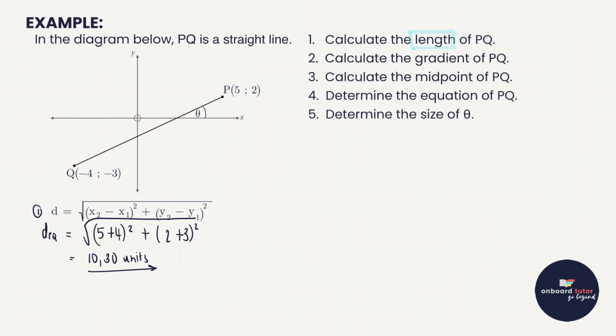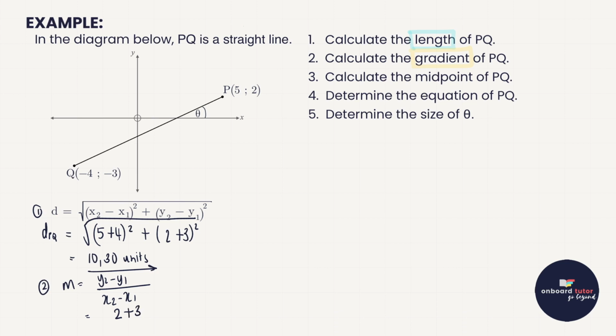Okay, next up, they ask for the gradient. So gradient, M, that one, we shouldn't even need to go to our formula sheet. We should know that one so well by now. y2 minus y1, we were introduced to this formula in grade 9, over x2 minus x1. Okay, so we again just going to substitute in 2 minus minus 3.